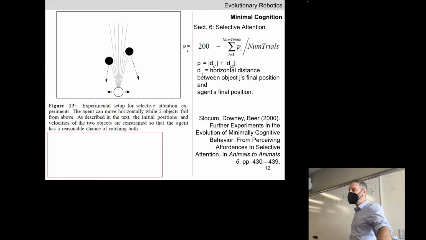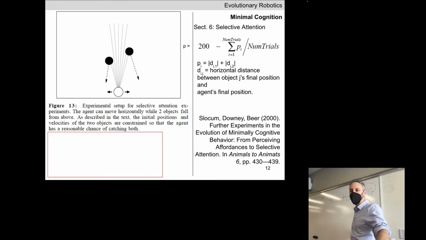We're going to, again, compute the performance of each CTRNN. We're going to evaluate each CTRNN num trials times. And each time we're going to subtract the sum of P sub I, all of the performances of the robot in the ith trial. And performance here is going to be the sum of the horizontal distance between the agent and the first object when the object hits the ground, and the horizontal distance between the robot and the second object when the second object hits the ground.